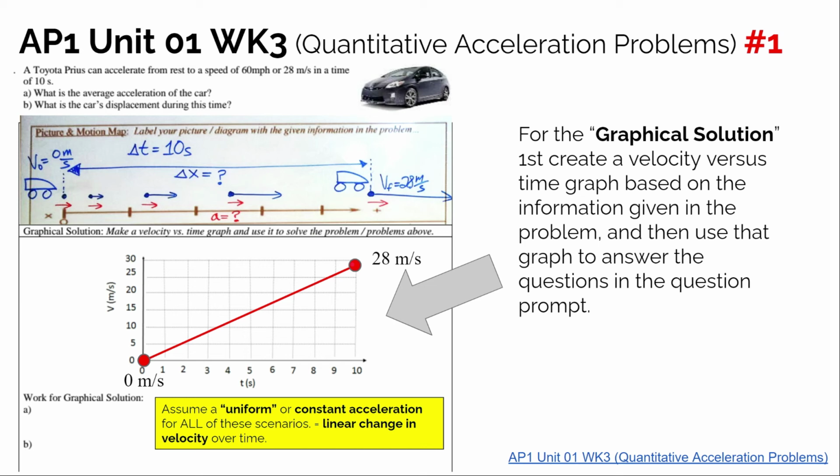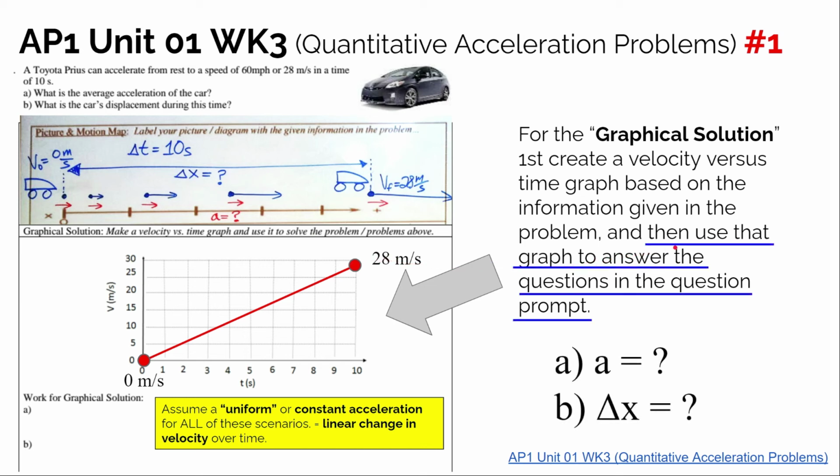Once you've made your quantitative velocity versus time graph, now you're going to use that graph to answer the questions in the question prompt, which was part A, find the average acceleration. So what's the acceleration? Again, you're going to use this graph to find the acceleration. And then B wants you to find the displacement.